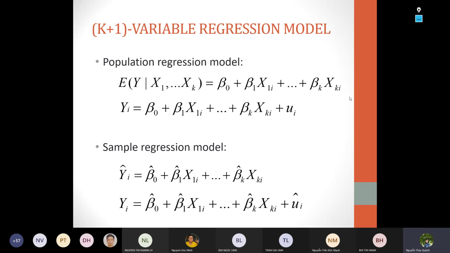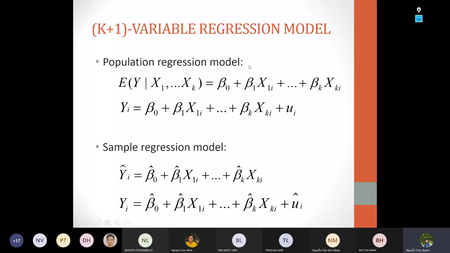So we always have one dependent variable in the model, and we can have one or more independent variables. Here is the population regression model for the general case.